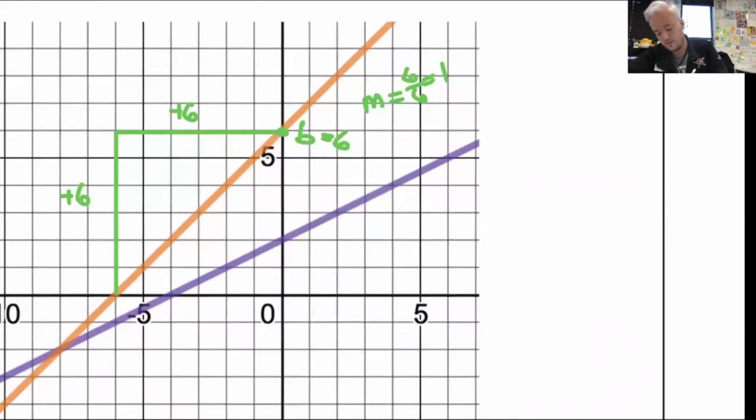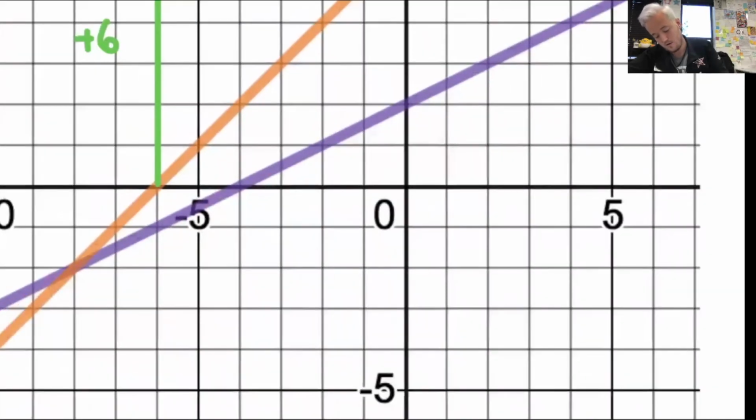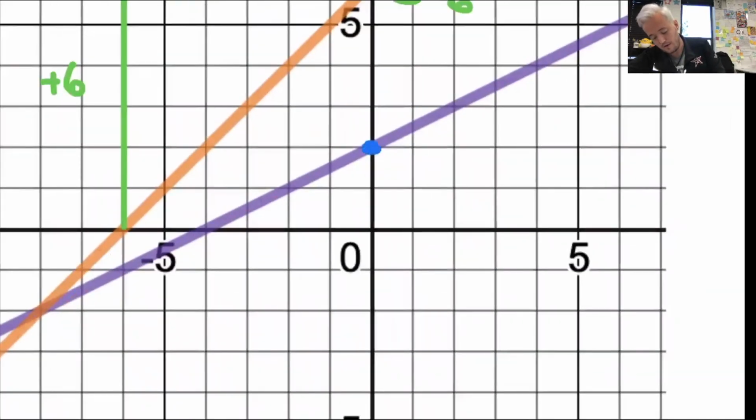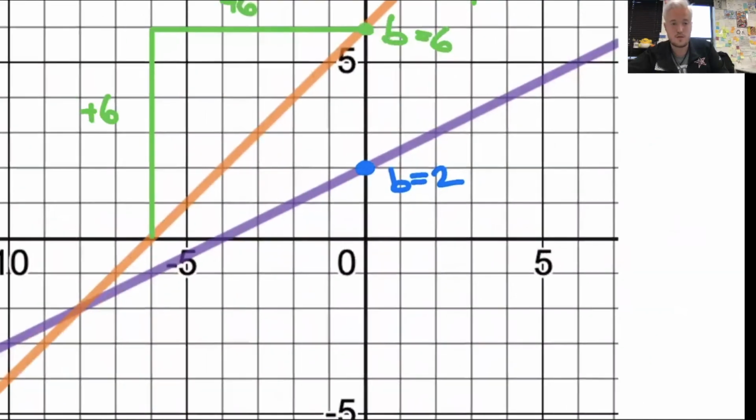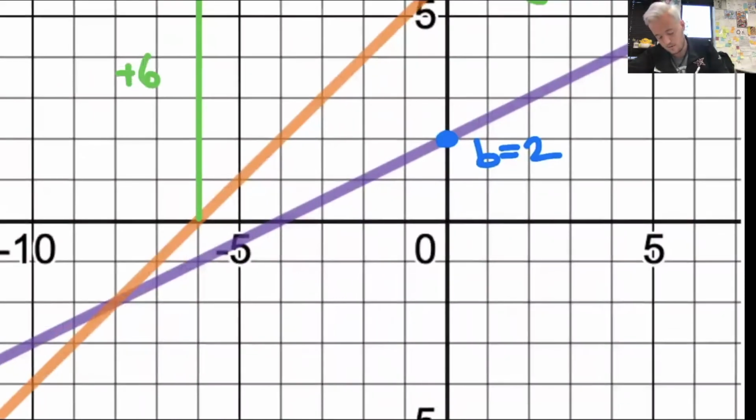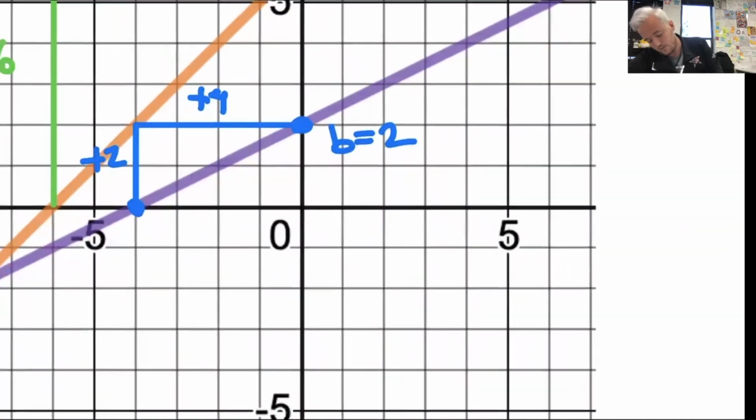All right, so now I'm going to do the equation down there in blue. Once again, start with the b value, your y-intercept. So it's a b value of 2. Now I want to use the intercepts and find the slope. I went up 2 and then right 4, which means my slope, 2 over 4, simplifies to 1/2.